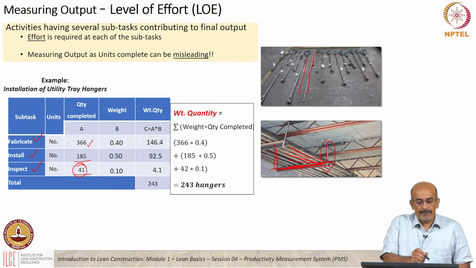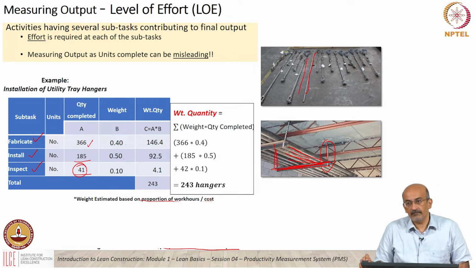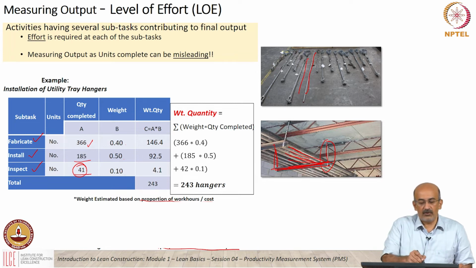Here we have taken the weights as 0.4, 0.5, 0.1, and these weights are typically based on proportion of work hours or cost. Let's say it's work hours. These are the weightages. I multiply the quantity complete in that category by the weight, and I get the weighted quantity.